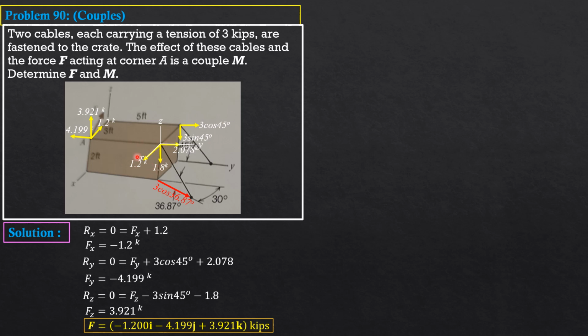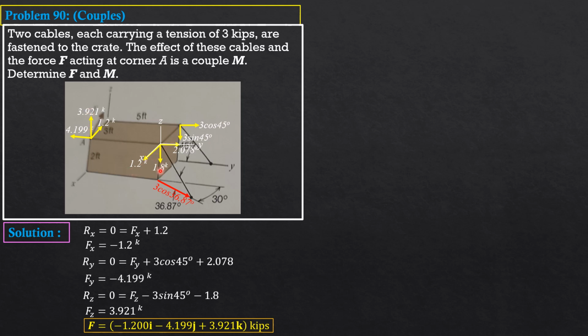Since this is the x-axis, all these forces are not contributing to moment about X. This is parallel, 1.2, so not contributing. 4.199 passes through this x-axis, so also not contributing. So only 3.921 will have moment about X.